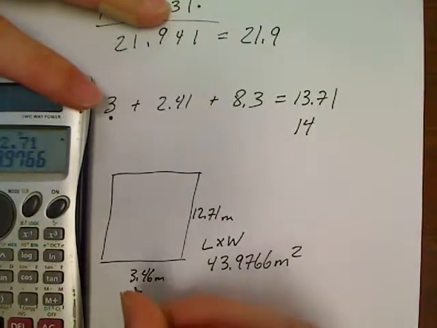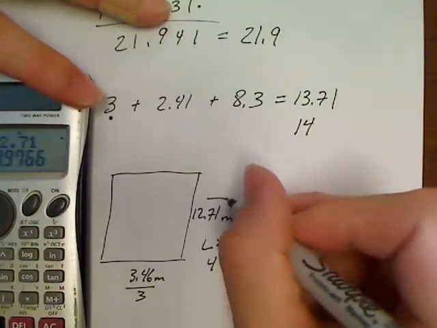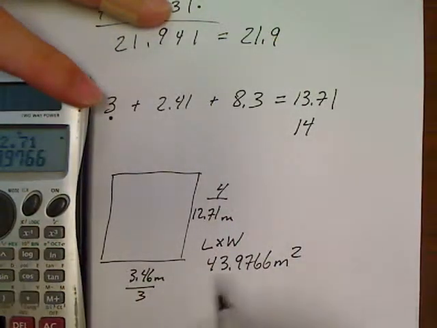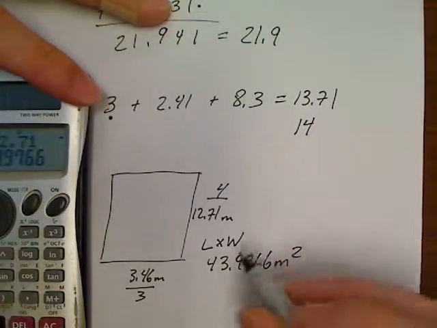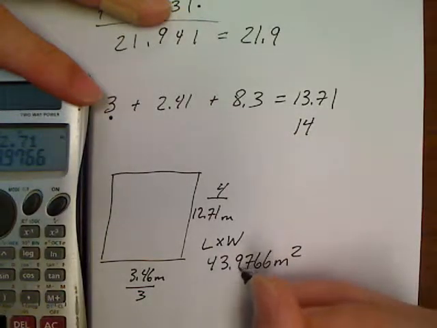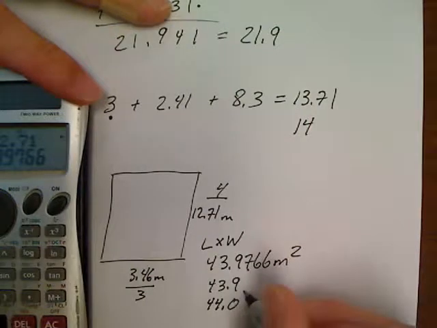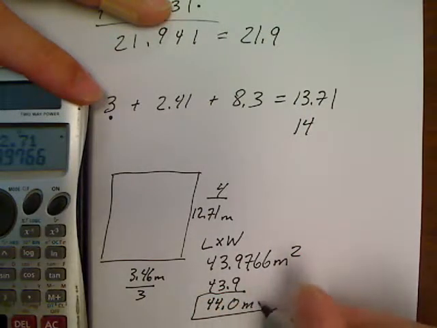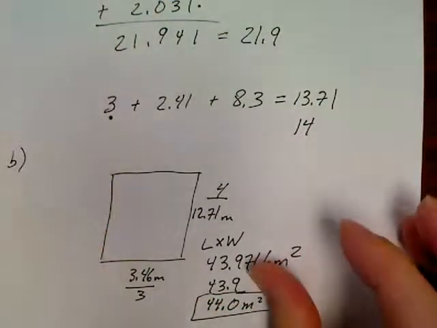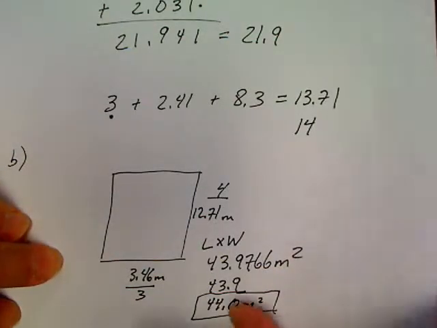Well, this has 3 sig figs, this one has 4. So my answer can only have 3 sig figs. So I'm going to go in here, 4, 3, 9, but the 7 rounds the 9 off, so this becomes 44.0 meters squared for my sig figs in this problem.